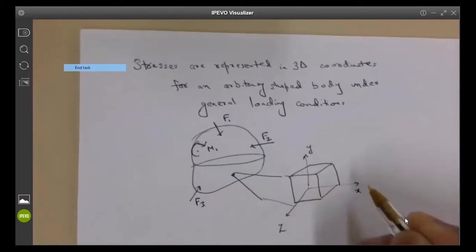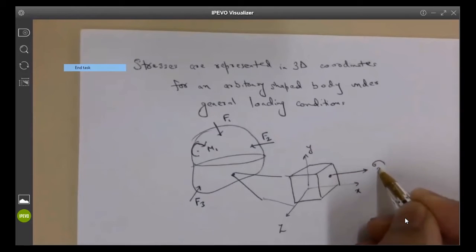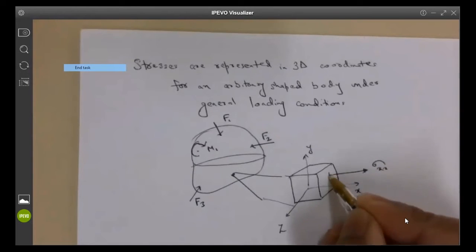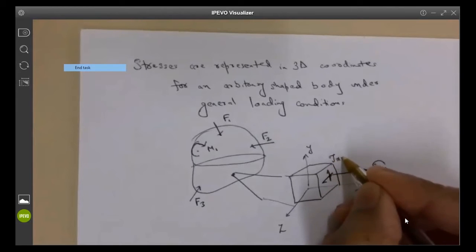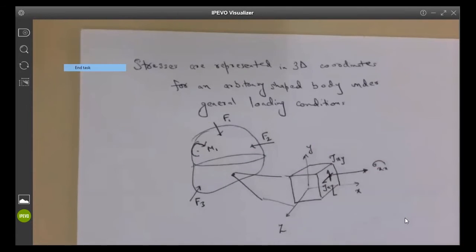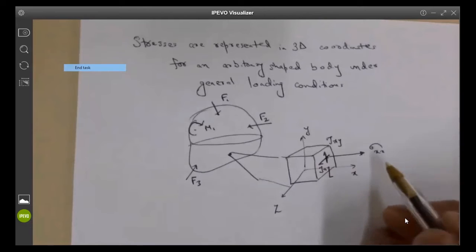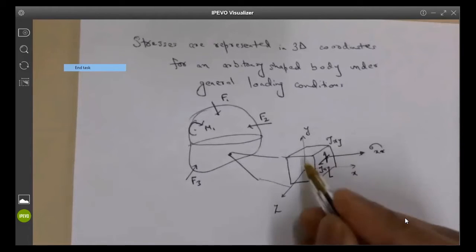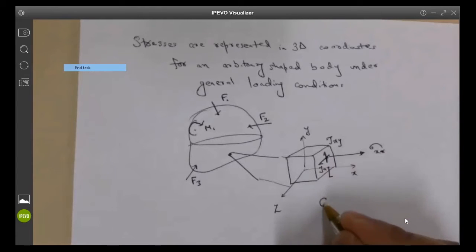So if you remember from our last discussion, each of these faces will have a normal stress, and then there are 2 shear stresses for each one of these faces. Is it making sense, guys? Are you remembering what we discussed earlier? Yes. Yeah. So that's what we saw in the last lecture. We also saw that the 6 faces have 18 components, but only 6 stress components are independent.